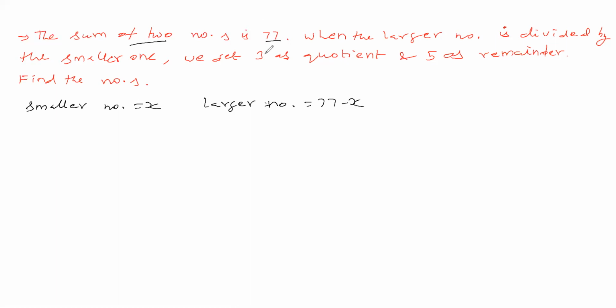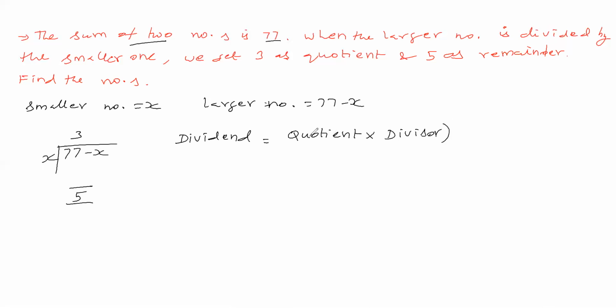Next, we will go for division of the larger number by the smaller number. We are getting quotient 3 and remainder 5. From this we can say dividend equals quotient into divisor plus remainder.